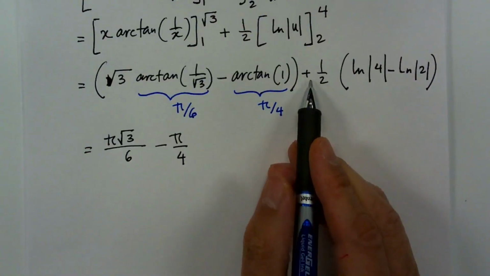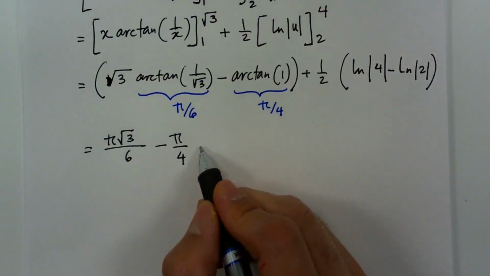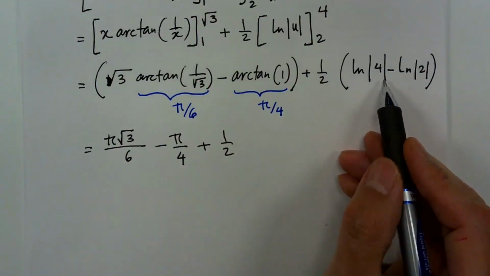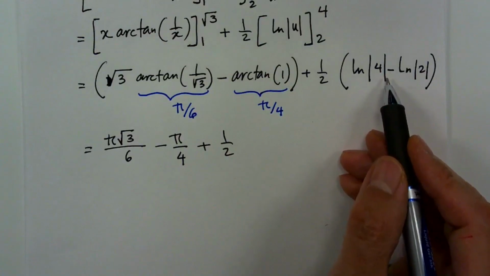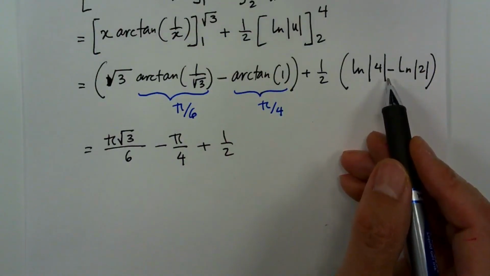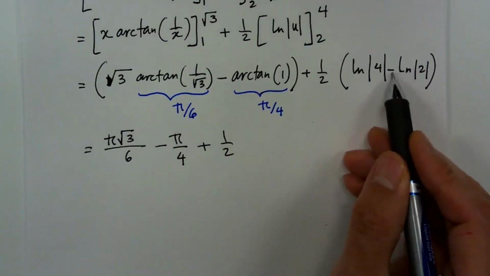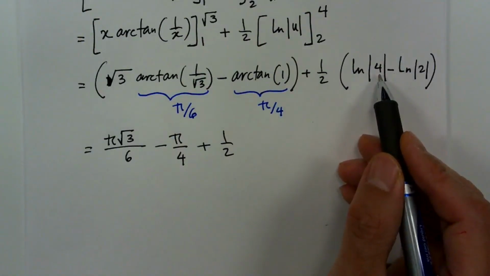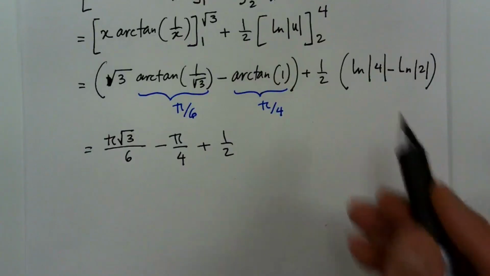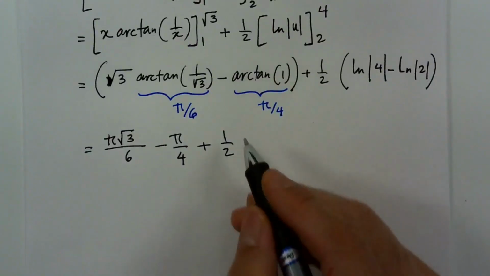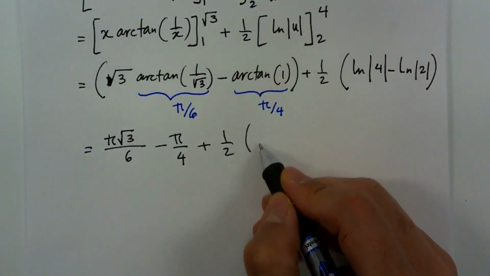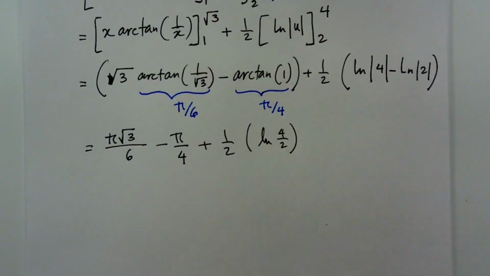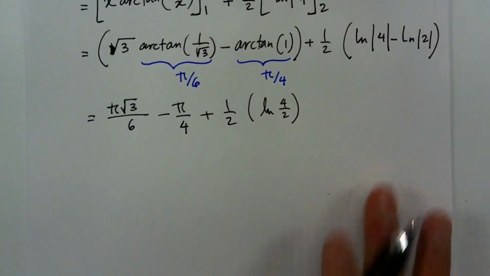And then plus 1/2. We know from Math 124 and Math 126, early algebra classes, that we can write the difference between two log expressions as a division, right? We can convert this difference into a division. So times natural log of 4 divided by 2, we can write that as that.